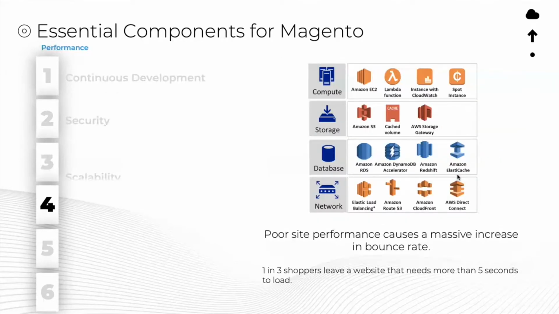Now, also to boost the performance and make sure the performance is always optimized and seamless for the number of users that we have, there are also a lot of services that help to optimize the database.